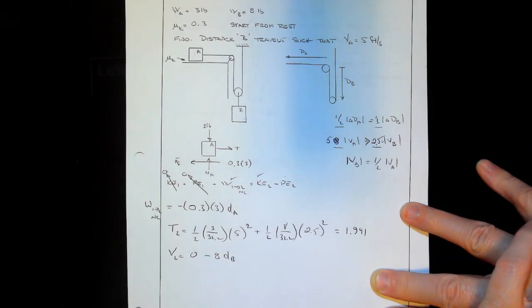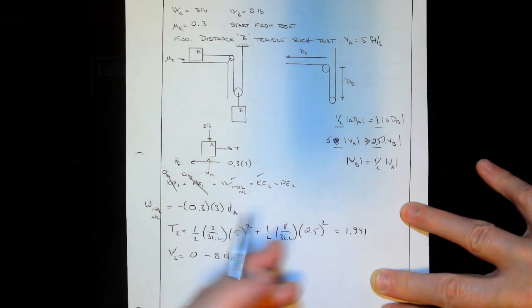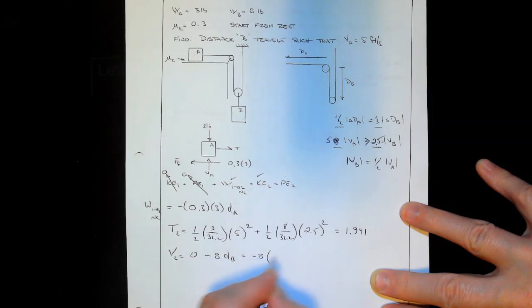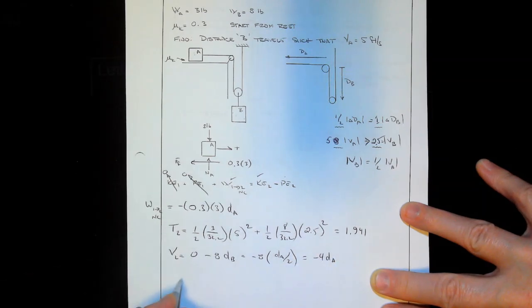Now, life would be so much easier if I only had one variable. So I can rewrite this as minus 8 dA over 2, because b will go half the distance a does, so that would make for minus 4 dA. So, pulling all this together, I have minus 0.9 dA.